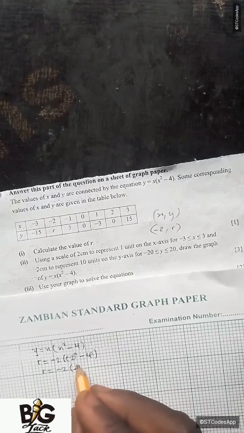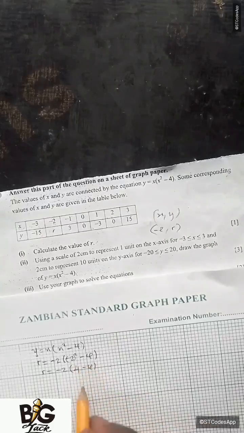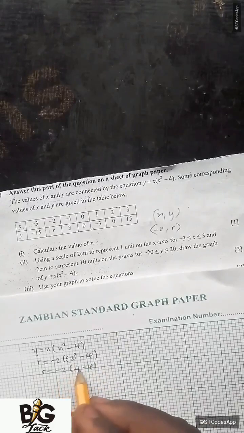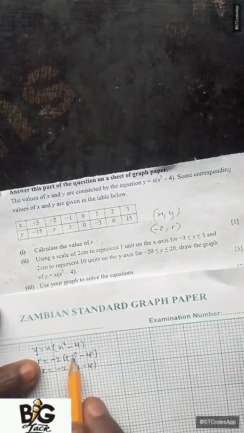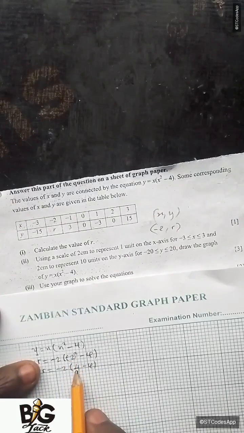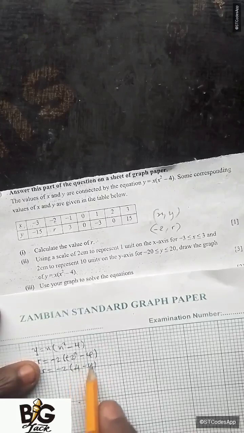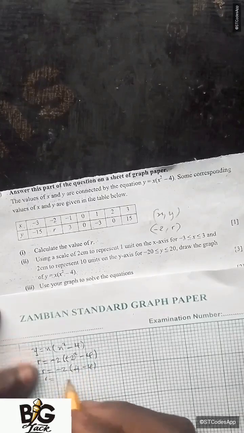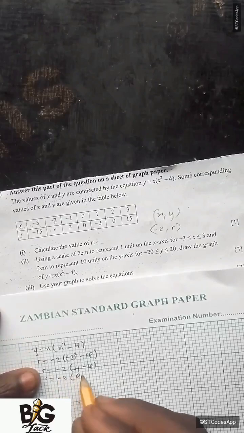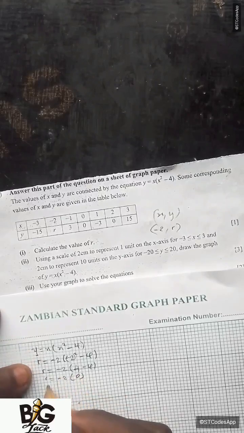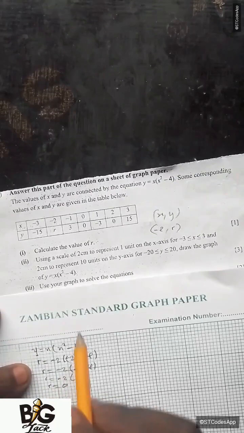I'm going to get positive 4 minus 4, which is 0. So negative 2, open bracket, 0. Negative 2 multiplied by 0, I'm going to get 0. So be mindful that the value of r here is 0.